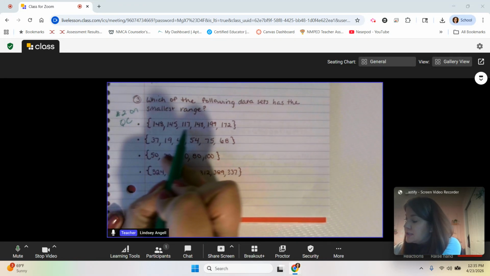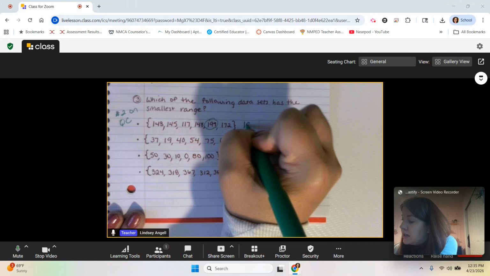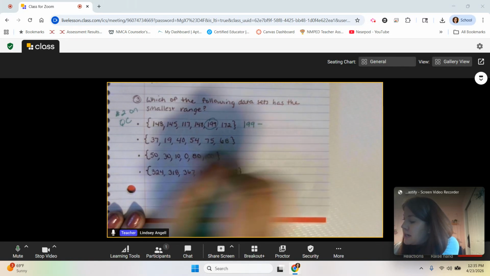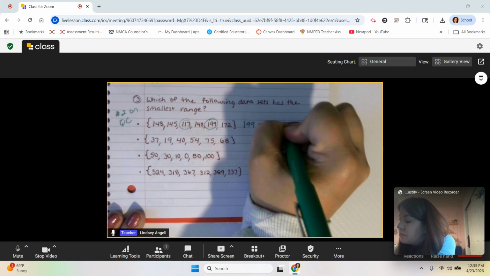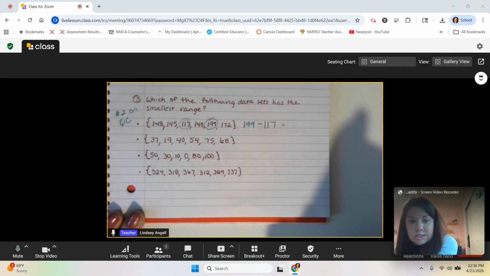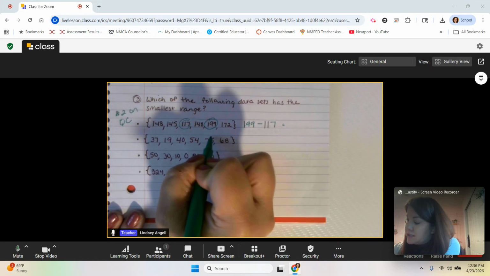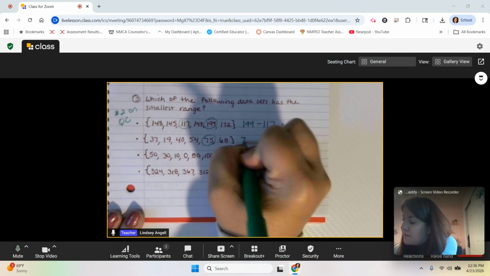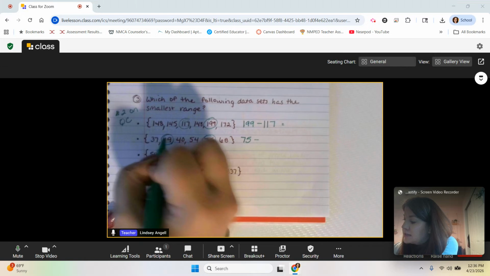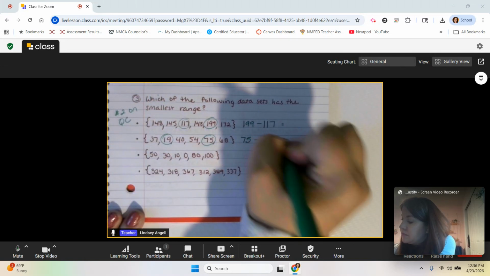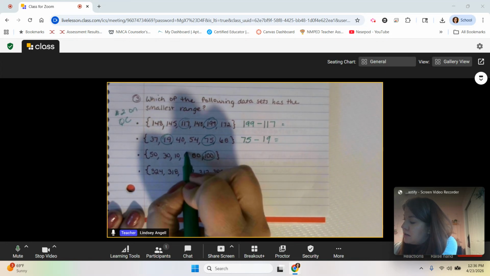So with this first set, let's see, it looks like the highest number is 199 minus 117. And I'll do all of these in just a second. I'm going to first get them all set up. With this next one, 75 is my highest and 19 is the lowest. This next one, we've got 100 minus 0.